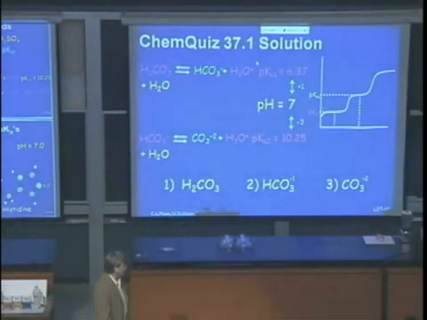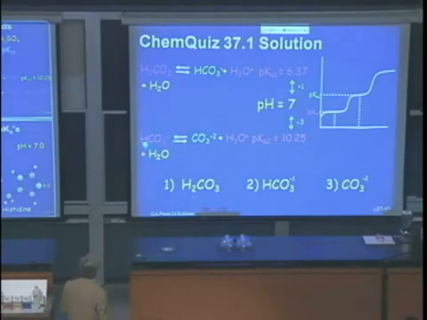All right, so we have here the one where H2CO3 plus water gives HCO3 minus plus H3O plus, pKa 6.37. We have pH 7, okay?